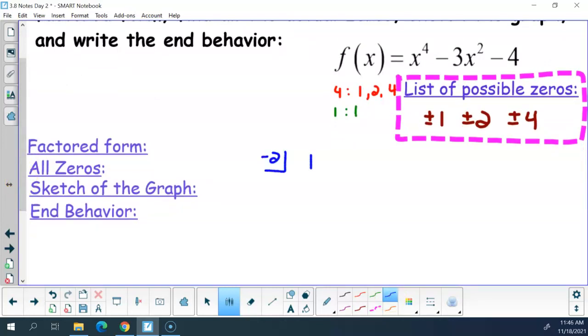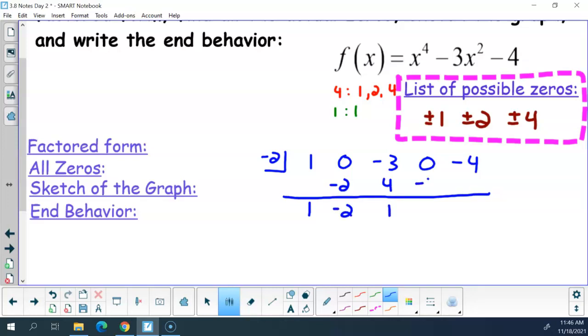So it's going into 1, 0, negative 3, 0, negative 4. 1, negative 2, negative 2, 4, 0. So negative 2 is my zero, which means x plus 2 is my factor.